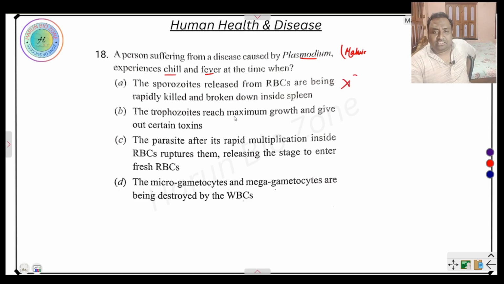The trophozoites reach maximum growth and give out certain toxin like hemozoin. When the RBC bursts and releases the merozoites, they secrete hemozoin toxin. So here the right option is B. The chill and fever come when the toxin hemozoin is released.